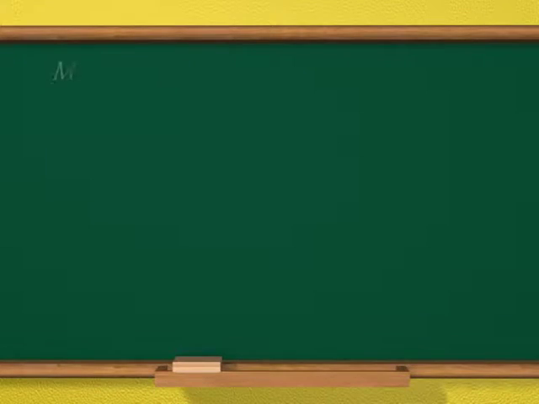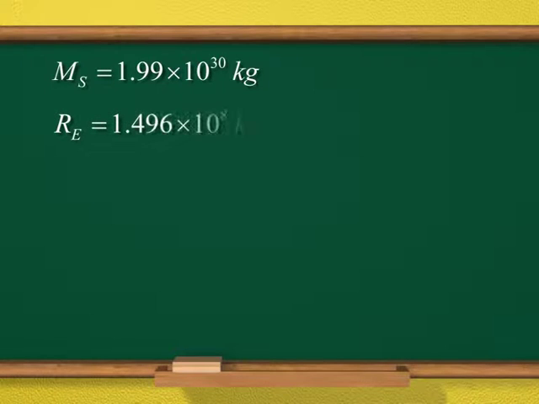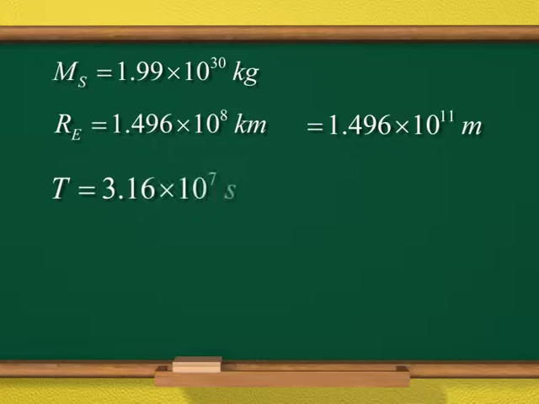Mass of the Sun is 1.99 into 10 to the power 30 kilogram. Mean Sun-Earth distance is 1.496 into 10 to the power 8 kilometer or 1.496 into 10 to the power 11 meter. And the orbital period of the Earth is 365.25 days or 3.16 into 10 to the power 7 seconds.